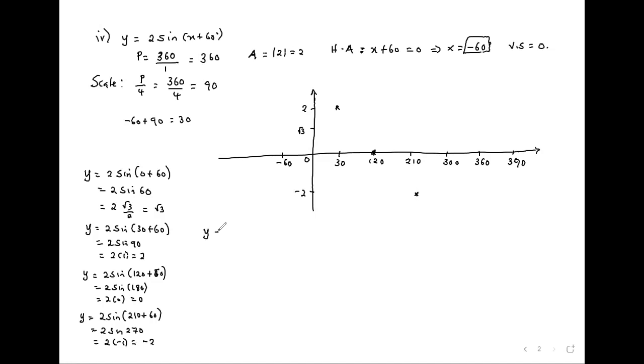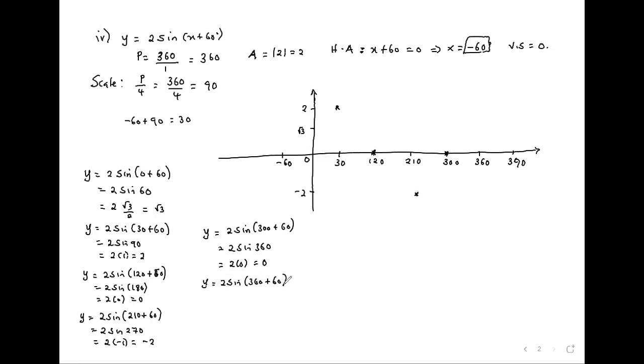And then substitute again. 2 sine 300 plus 60. That is 2 sine 360, but sine 360 is 0. So we get 2 times 0, which is 0. So we go back there. And then at 360, 2 sine 360 plus 60.